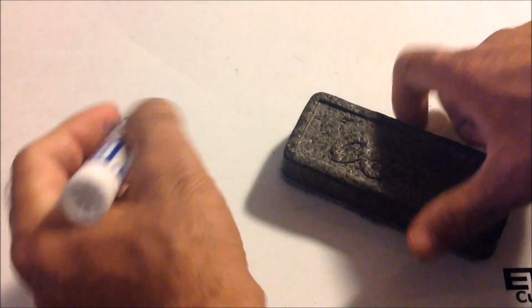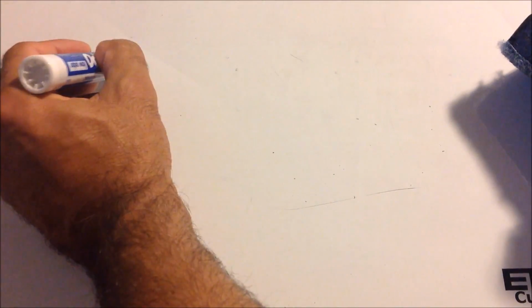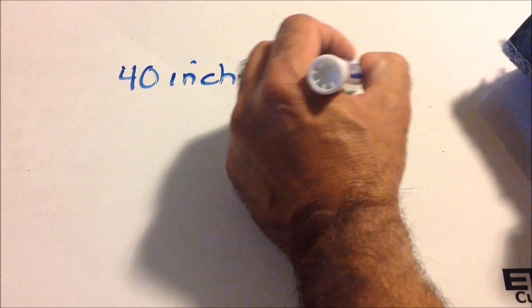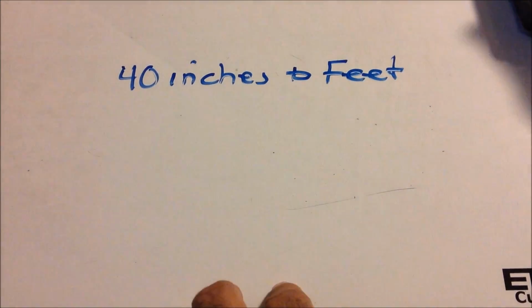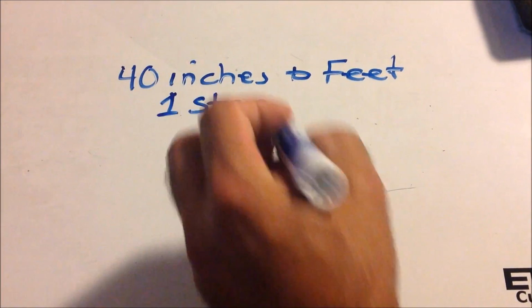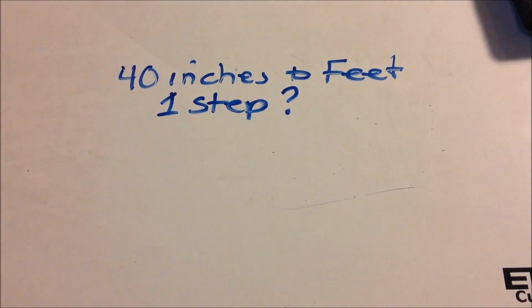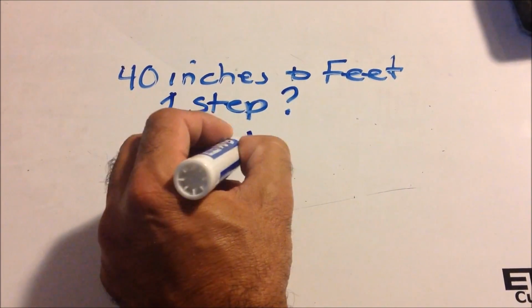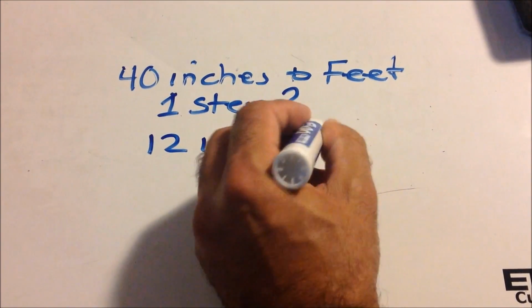Okay, and as you know by now, I always lose my eraser. There it is. Let's do another problem. Let's say we had 40 inches to feet. We want to convert inches to feet. What is the first step? First step, of course, is how many inches are in a foot. There's 12 inches in 1 foot.